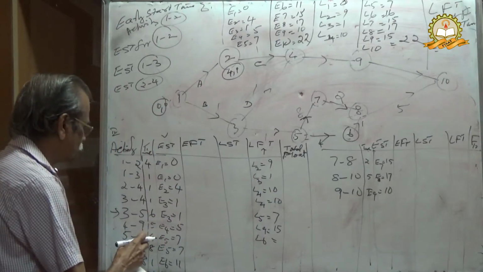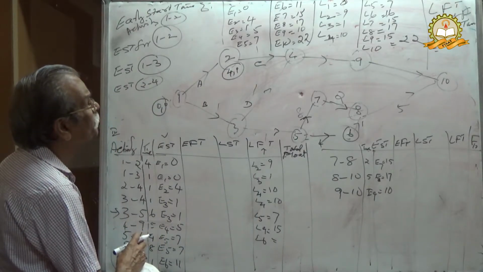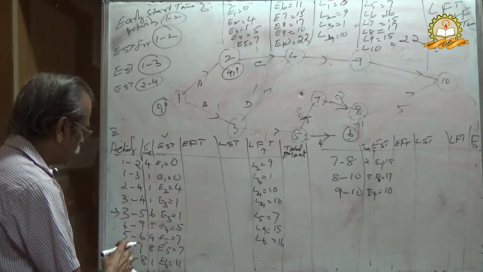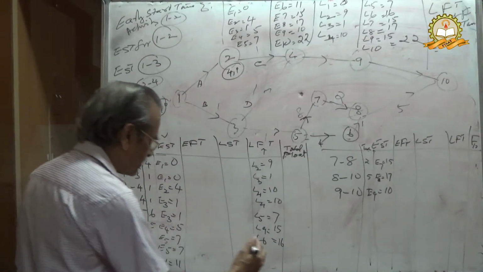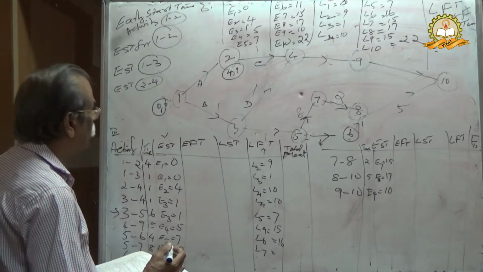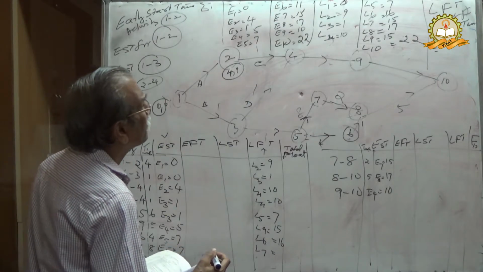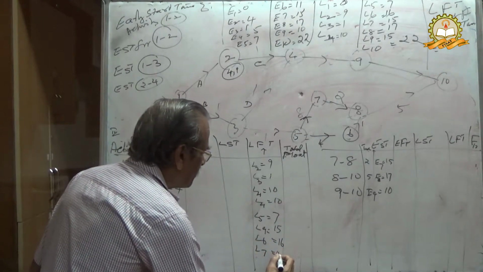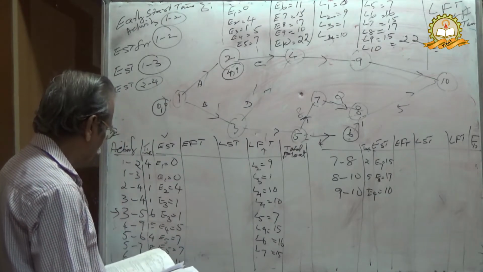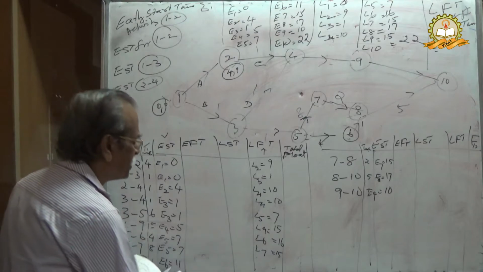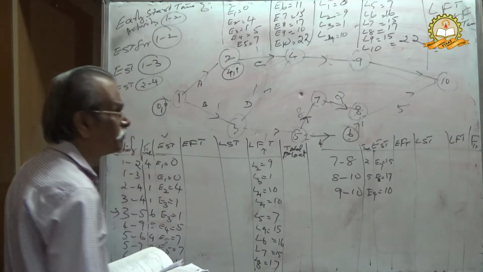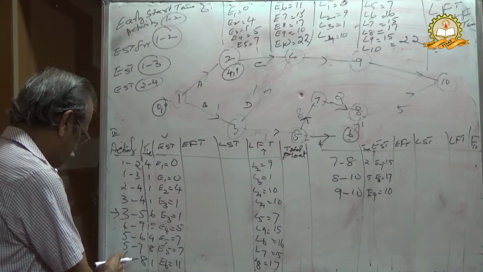That is 5 to 6, L6 is 16. L6 covered. Then 5 to 7, L7 is 15. Then 6 to 8, L8 is 17. Therefore you have come to L8 for 6 to 8.